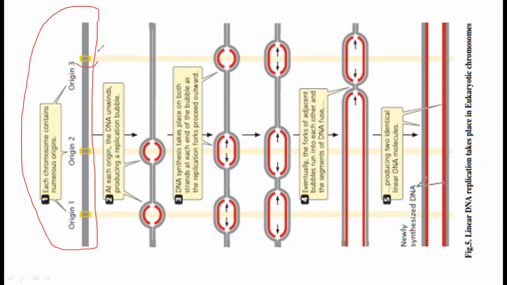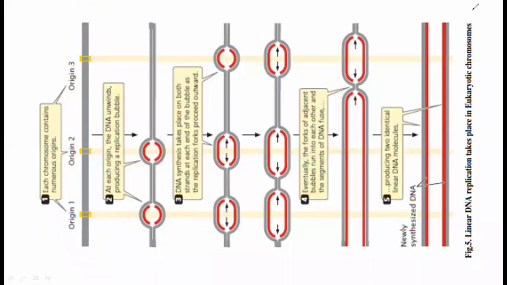We have many origins of replication. Each has a replication fork and bubble. At many places, the replication starts at a time. Because the size of the chromosome is big, the DNA is more in eukaryotes. That's why we have many replication bubbles. Origins of replication are many in eukaryotes.